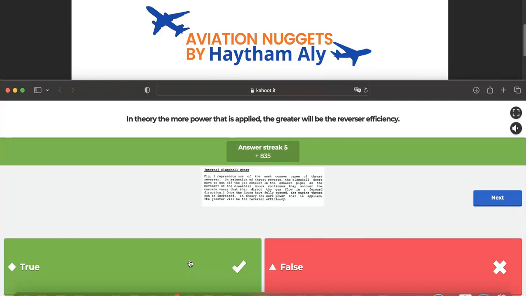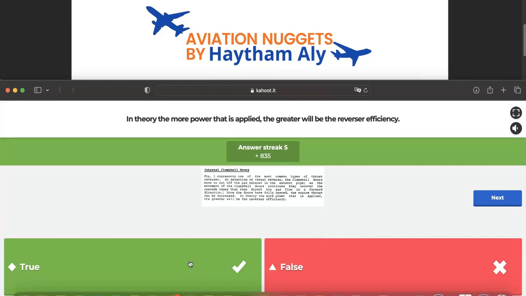Okay. When the throttle lever is at reverse idle, the translating sleeve or blocker doors must be operated, and only when they are fully deployed can the pilot take the throttle lever from reverse idle to maximum reverse.